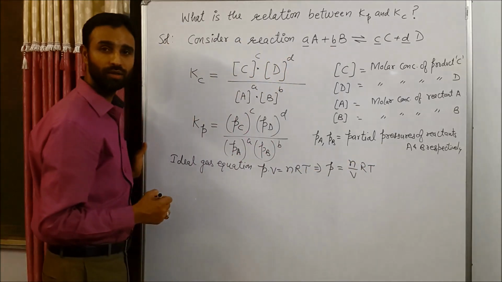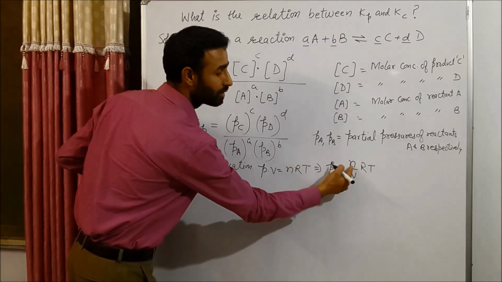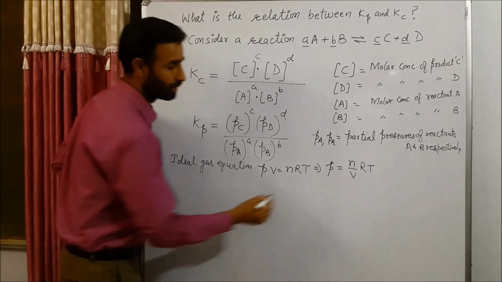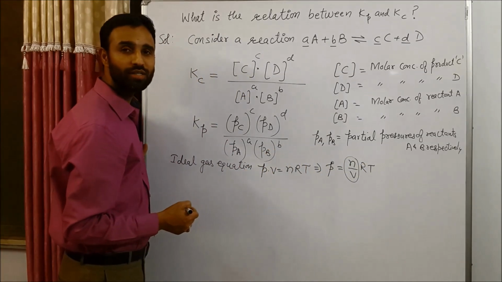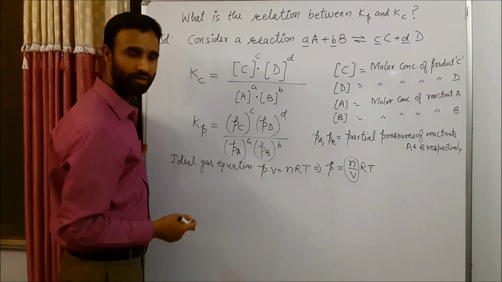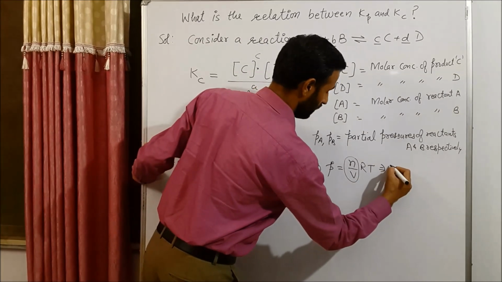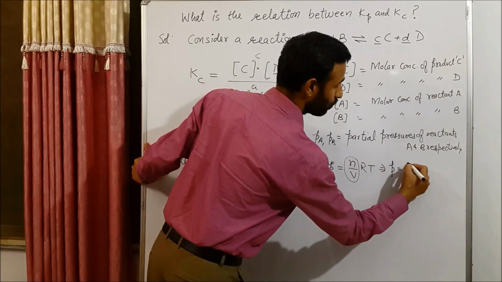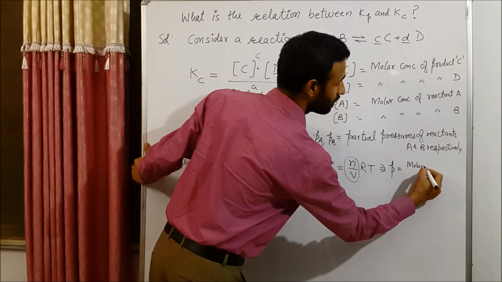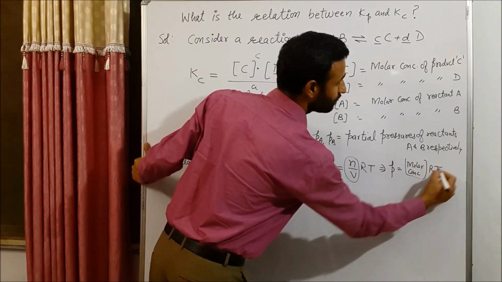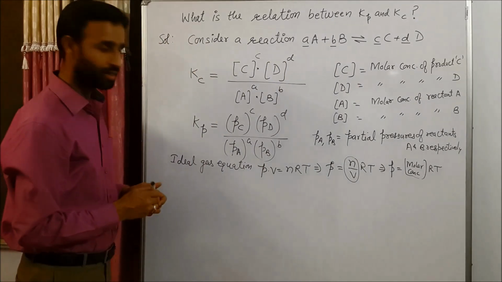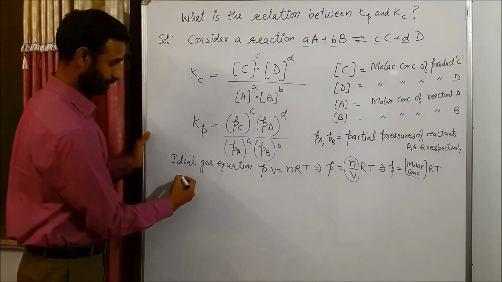And what is n by V? Number of moles per unit volume, and this is known as molarity. So in this way, P is equal to molar concentration into RT.